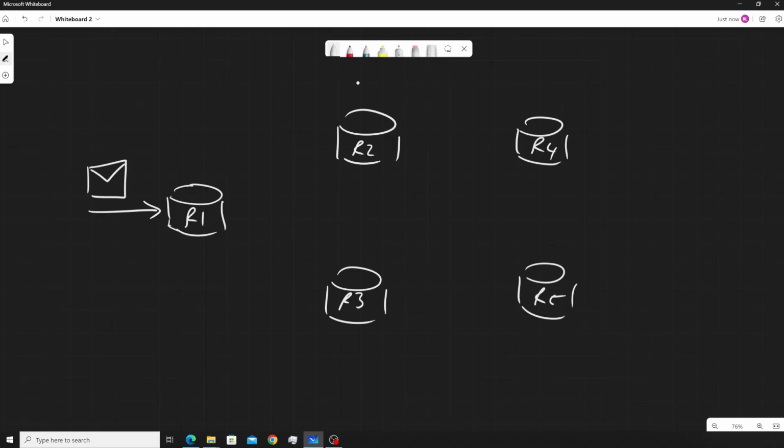At what point, or more specifically, at what point does R1 know about the destination address of this new incoming message? And the answer is when that message arrives. So at the very last minute, the message arrives at R1, and R1 is finally able to look at that destination IP address.